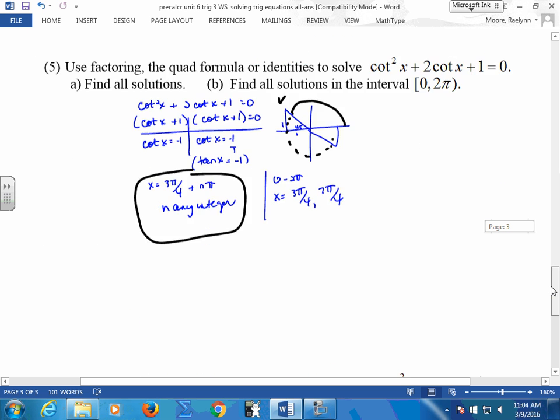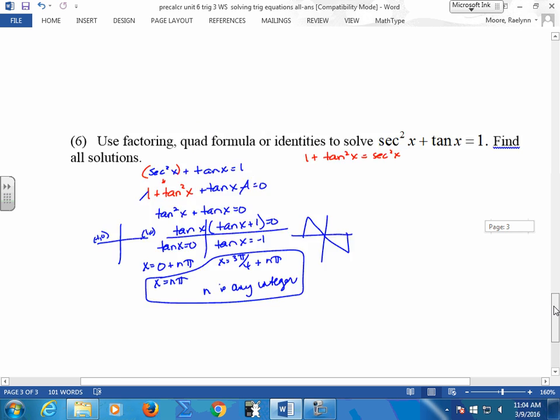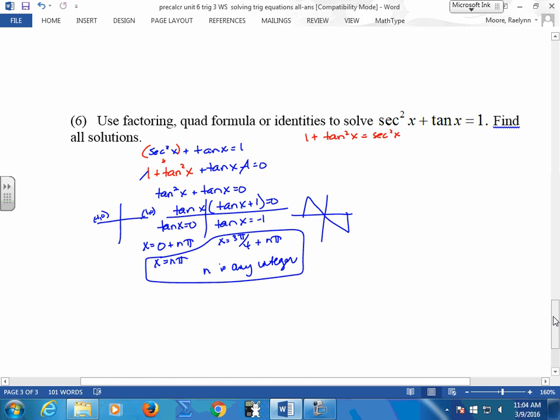Okay, and the last one. Now this one you had to change the identity. But we said yesterday, if you started with your cosine squared plus sine squared, we had this one yesterday, and you needed to get a tangent. Tangent, I need sine over cosine.